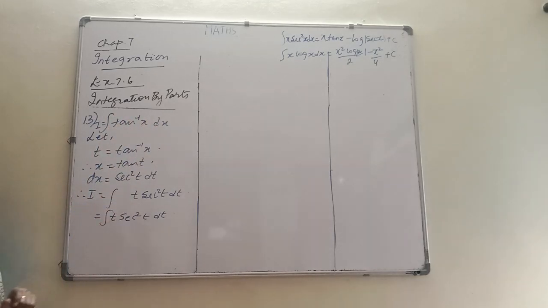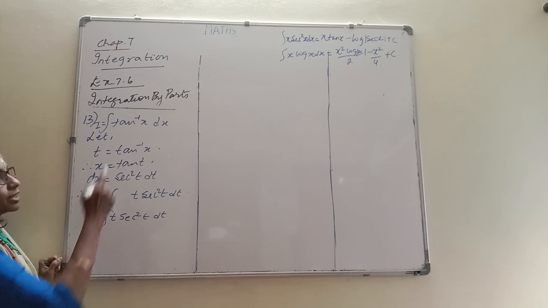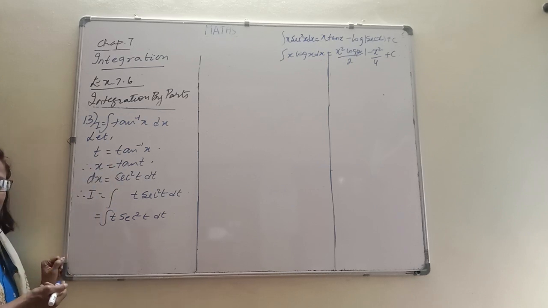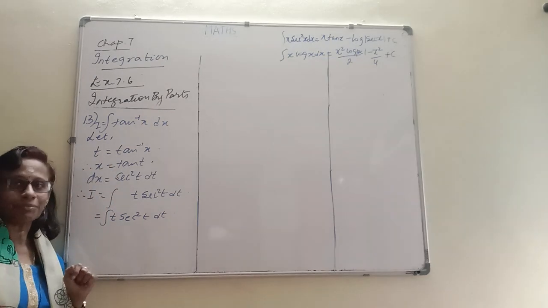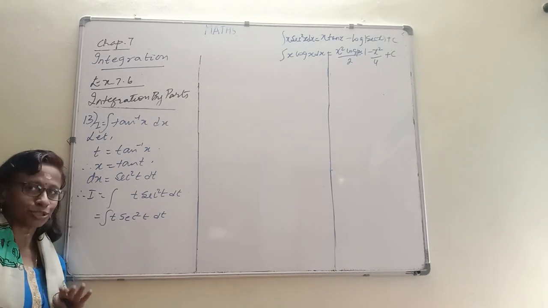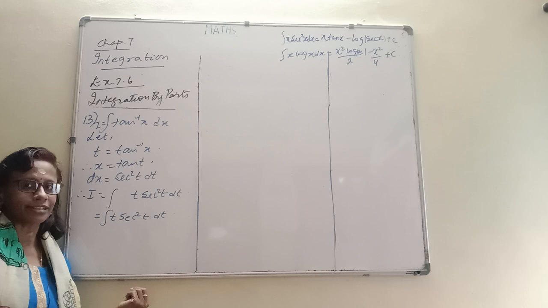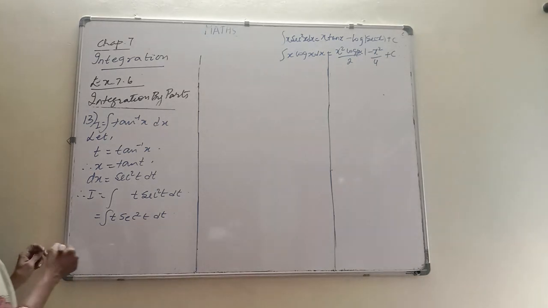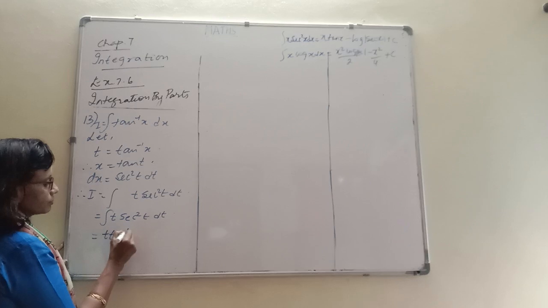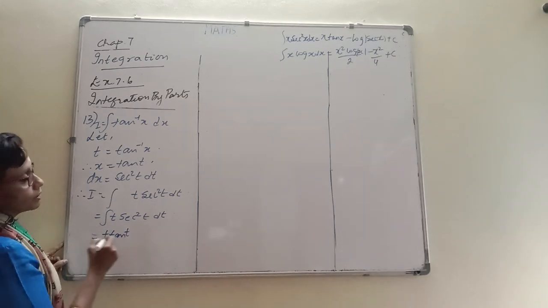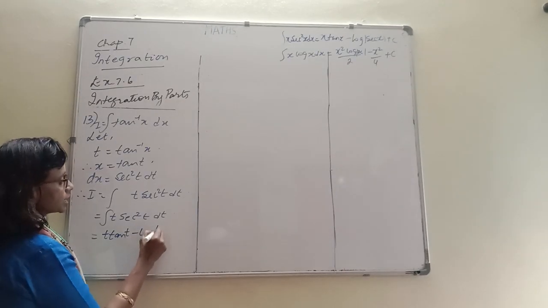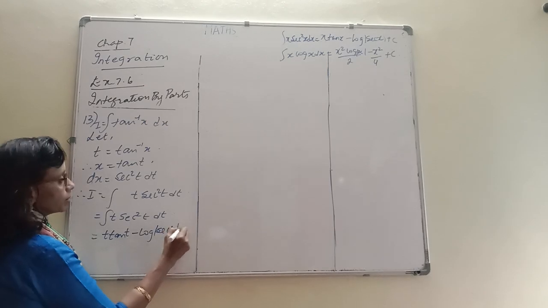In the exam you have to derive it once again and show. But here, since we have just done it, we can take the result and write it there. So that result says it is x tan x, which is here t tan t, minus log sec t plus c.